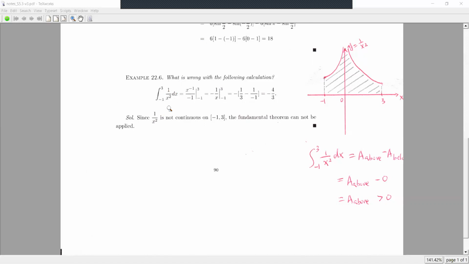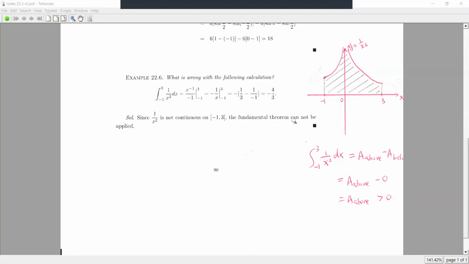Then what is wrong? We get different results. Geometrically, we can see that this integral is positive, but the fundamental theorem says that this integral is negative. The problem is that this function is not continuous over this interval. We cannot draw the graph of the function without removing our pen from the paper; it is not continuous at the point 0.